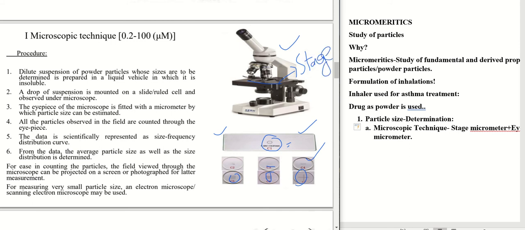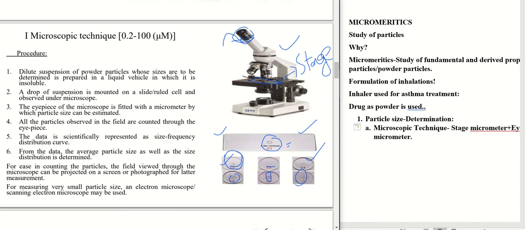We will be placing this stage micrometer here, and we will choose one of the eyepiece micrometers based upon our specifications and place it here. This is detachable, and here we will be placing our eyepiece, covering it up with the eyepiece of the microscope.